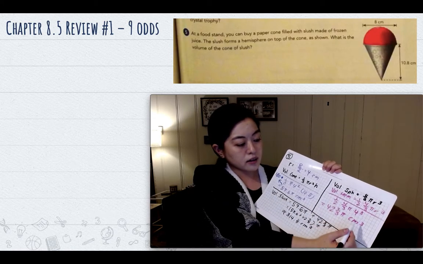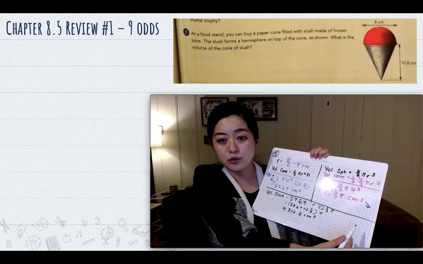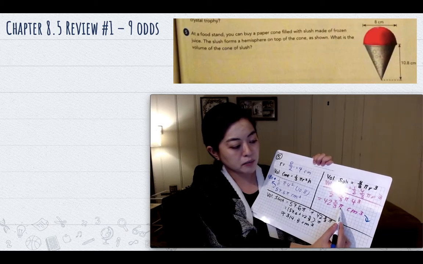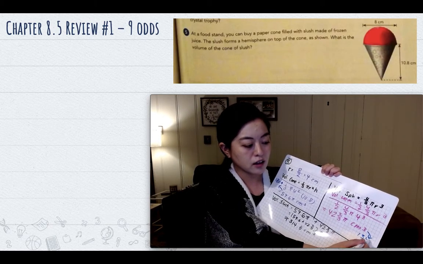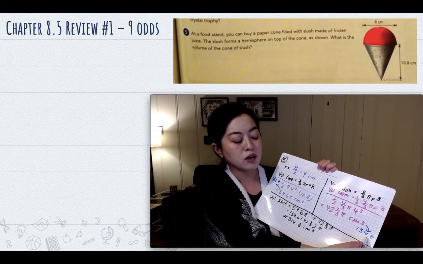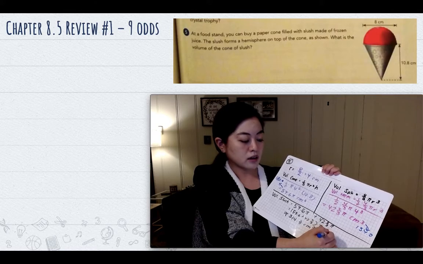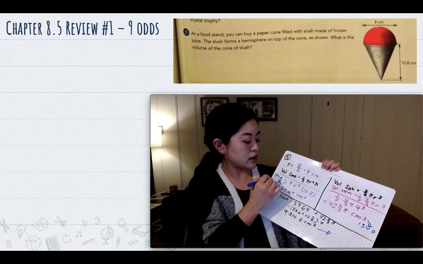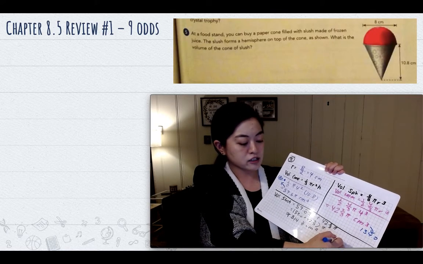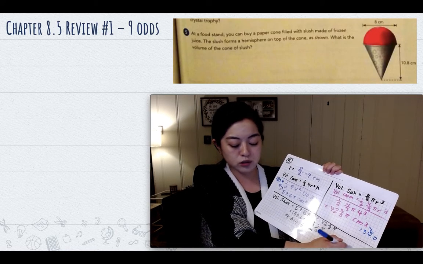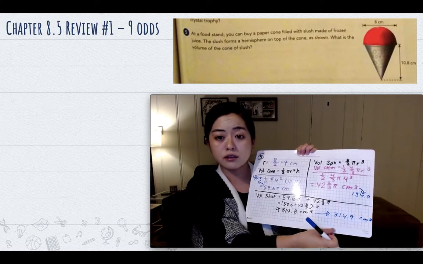And here, if you approximate pi as 3.14 and put it in right away and round to the nearest tenth, it becomes 134.0. Then if you add 180.9 plus 134.0, this becomes 314.9 cubic centimeters rounded to the nearest tenth.